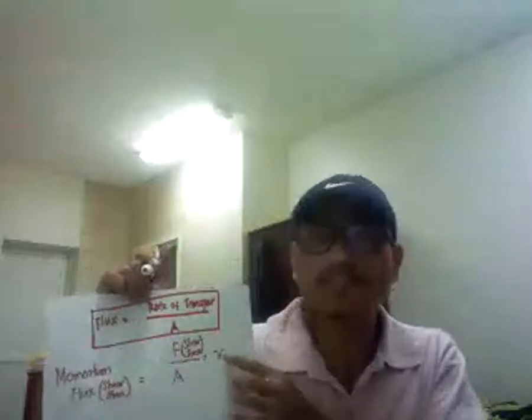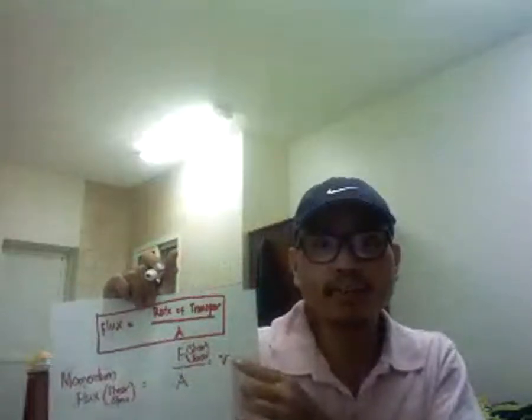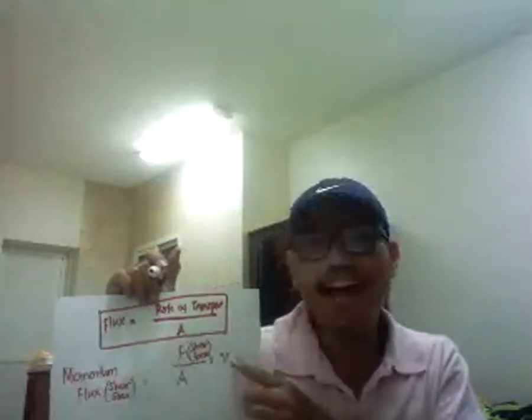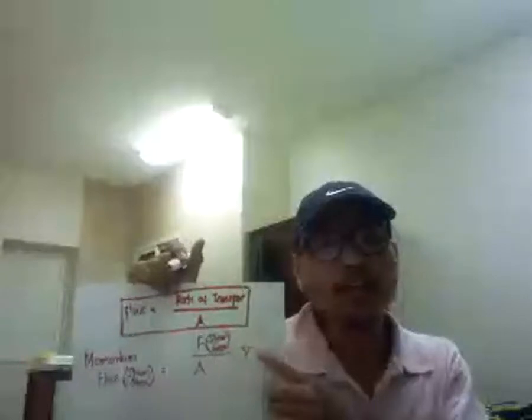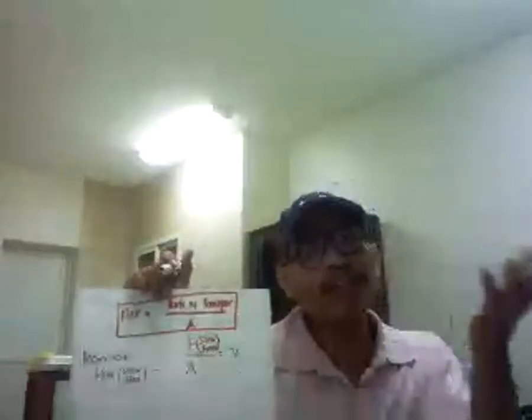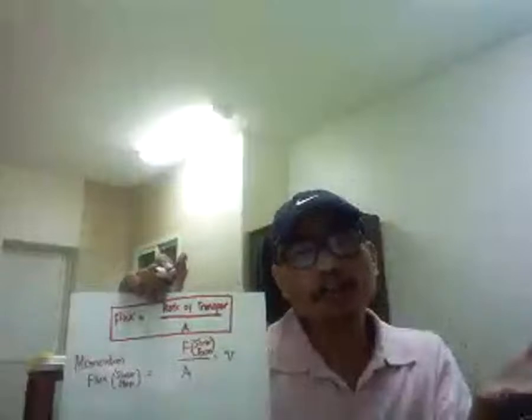So let's agree that our kinematic viscosity would have a symbol like this. This kinematic viscosity, guys, is also the same as momentum diffusivity. So it's the same term only.